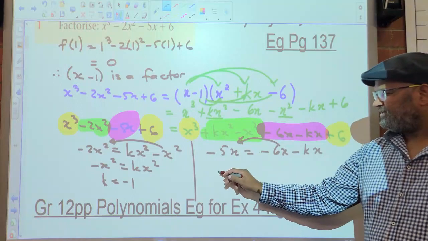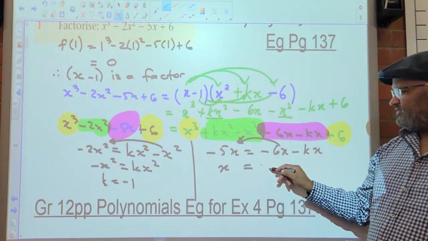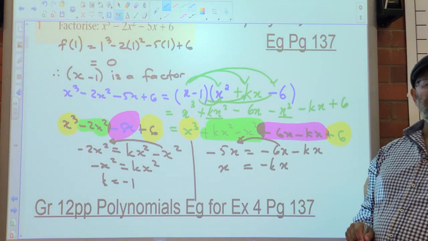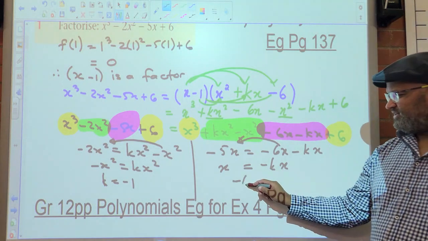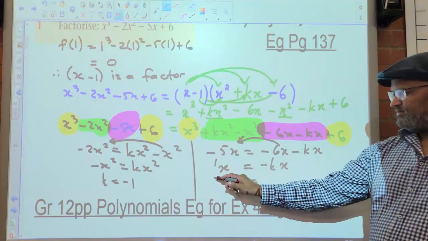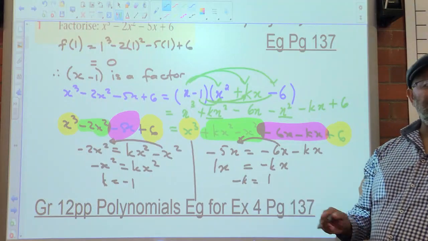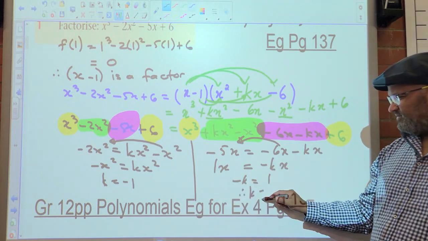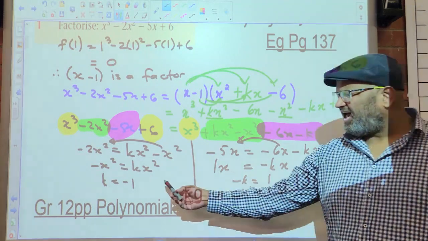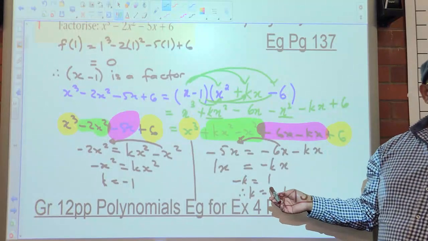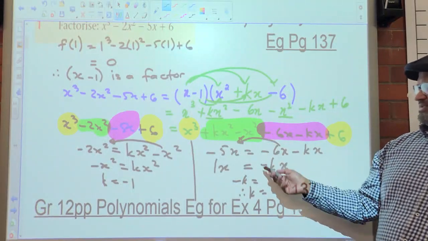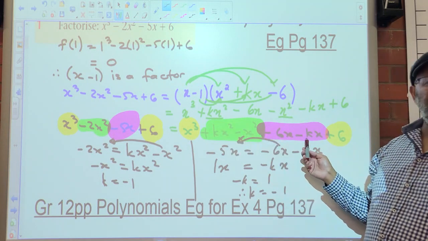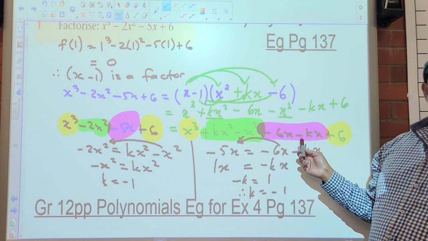It becomes x is equal to negative kx. So what can we conclude here? Negative k is equal to? There's no number, there's a 1, not so. So therefore k is equal to? So did I have to do it again? No, I didn't need to do it once, because that k is the same as this k. You guys understand?